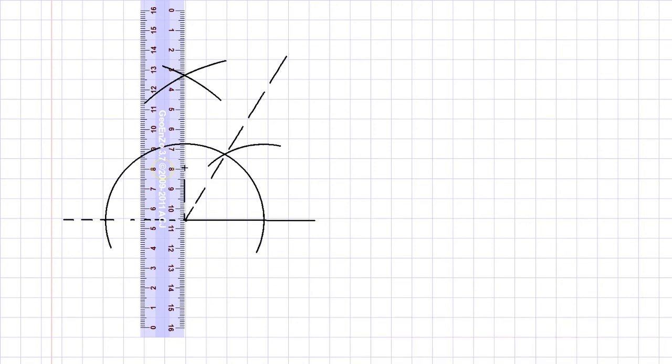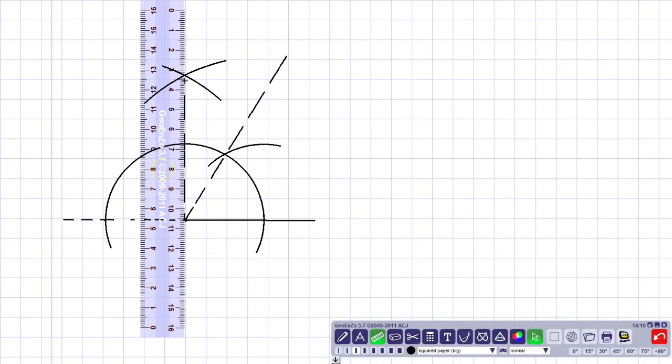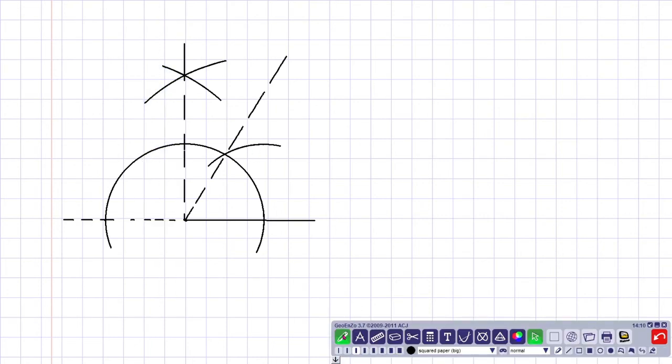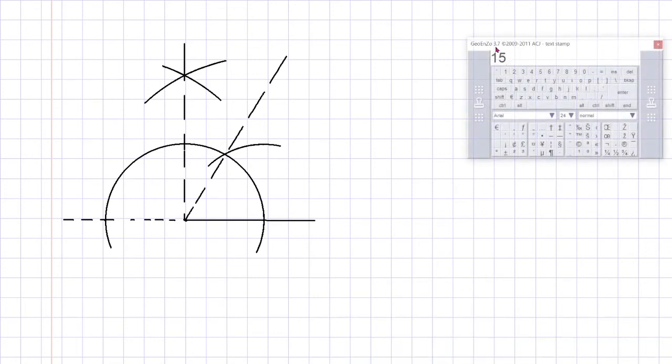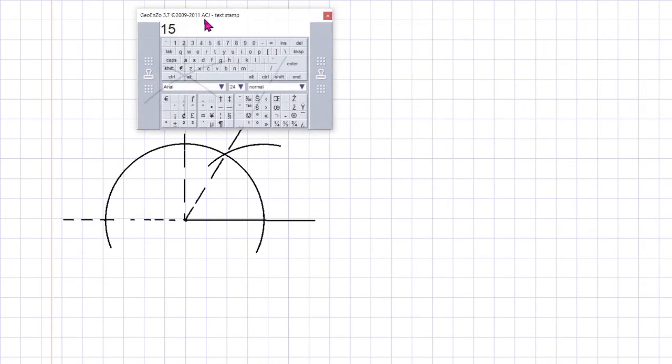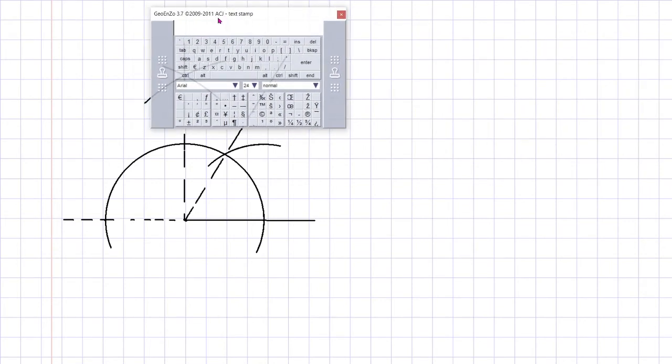I will join that also using dotted lines because I want 75 degrees. Now see this, here to here 60 degrees, here to here 30 degrees, 60 plus 30 is 90, but we want 75 degrees.